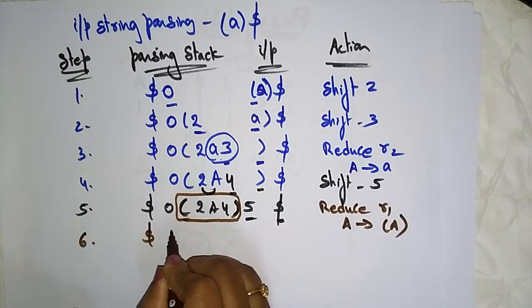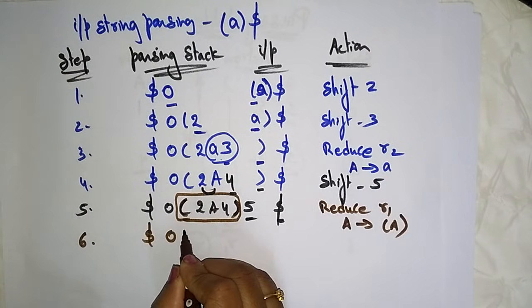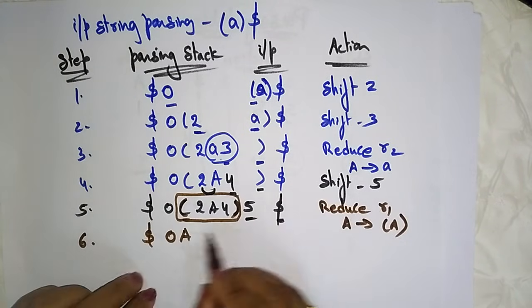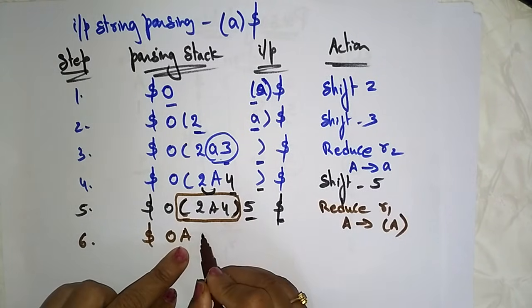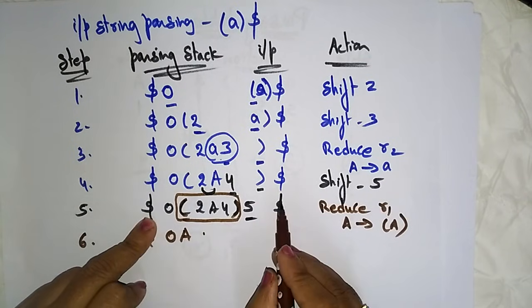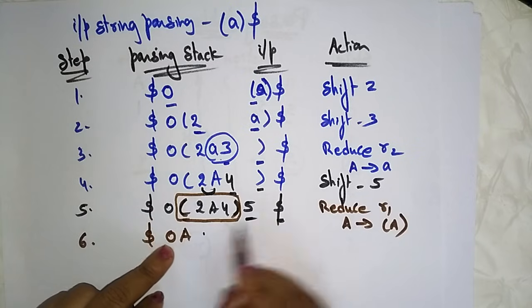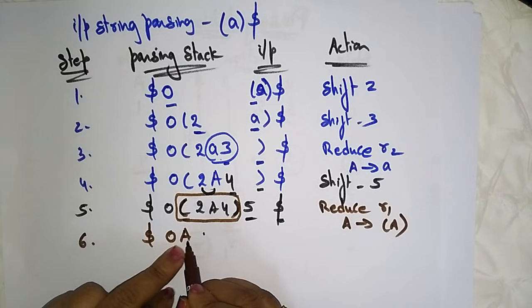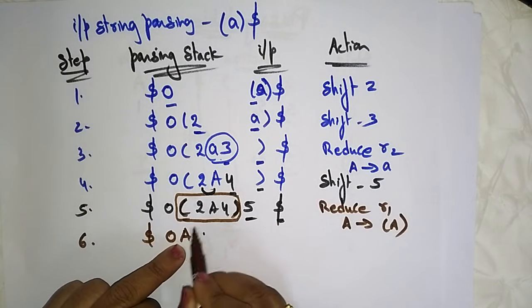So dollar 0, A you will get. So this complete instruction you have to be shifted. So 5 on dollar is this thing. So here A is there, but A doesn't have any number.